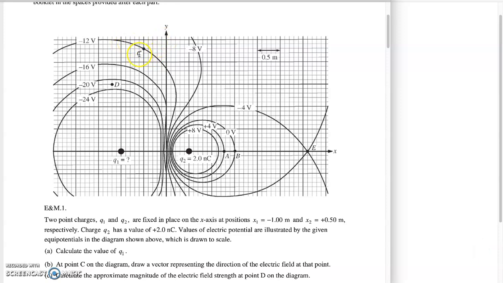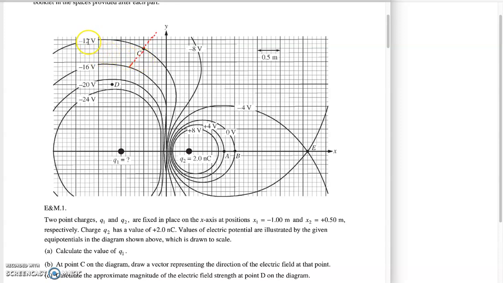The electric field is like gravity. Well, gravity is going to pull you perpendicular to that equipotential line. So the electric field is going to be perpendicular, and it's going to be one direction or another. And the electric field indicates the direction that a proton or a positive charge will naturally move in.